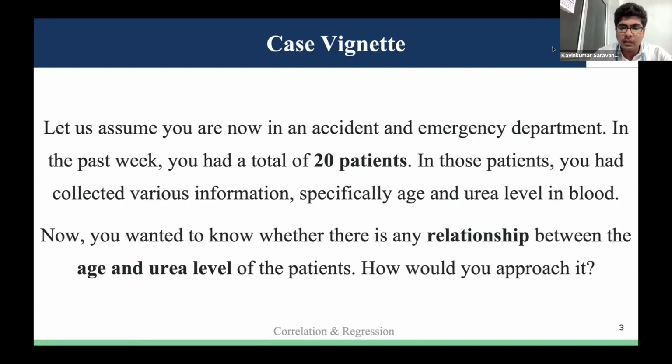So anybody can give some insights about this? How do you approach this scenario? Our idea is we have two variables, age and the urea level. Now, how would you approach these variables? Any general insights? Do you have any general ideas? Yeah, we can have the 20 patients.